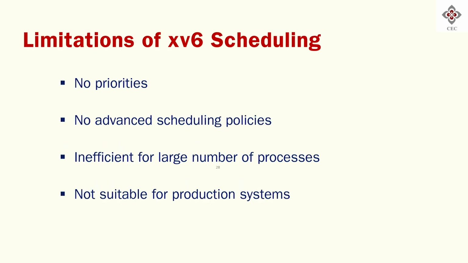The basic limitations of XV6 scheduling are that there is no priority and no advanced scheduling policies can be implemented. It is inefficient for a large number of processes, so not suitable for production systems. We implement XV6 scheduling for the purpose of learning, but from a production point of view, this operating system is not applicable. It is only for learning.